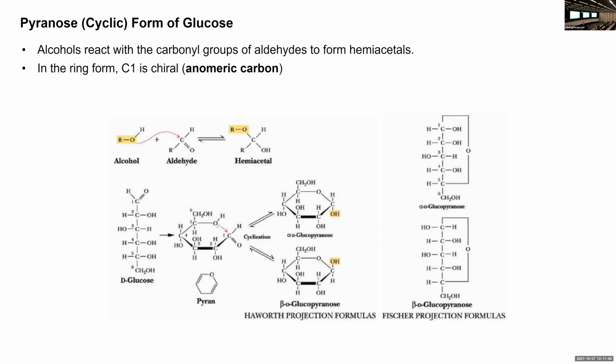When you capture the linear structure, then you can tell whether this is D or L form, and that's the origin of this cyclic form, which can tell the alpha or beta form. So you're going to have both, like beta-D or beta-L or something like that. But this D does not necessarily tell the difference in the cyclic form because it's going to have the same structure here as CH and O, like that. Does it make sense?